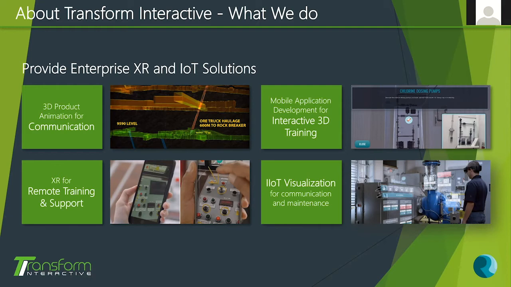And IoT visualization, and the term IoT means Internet of Things, industrial Internet of Things. That just really means data. So if you have equipment or machinery and that equipment or machinery can capture data, we can access that data and we use it to help train, help inform, help visualize the data.